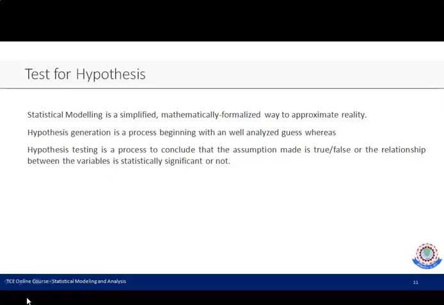With this, hypothesis generation is defined as a process for determining the assumption, an analyzed guess for the given scenario, whereas hypothesis testing is a process to conclude the assumption.